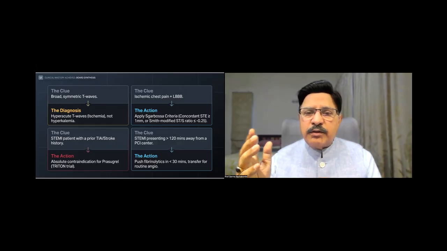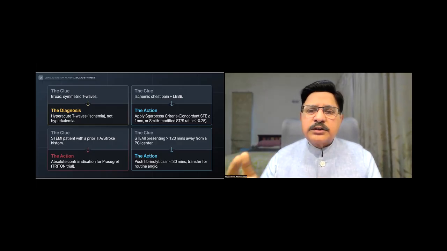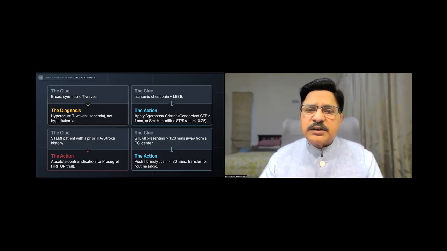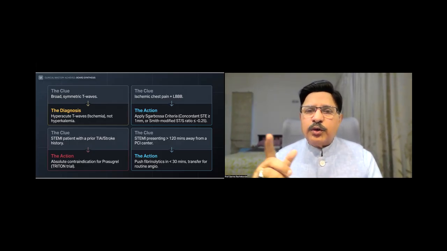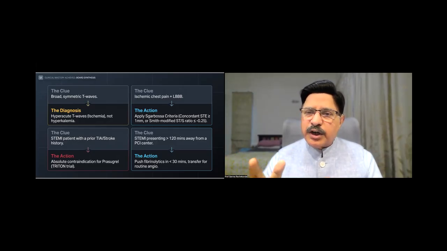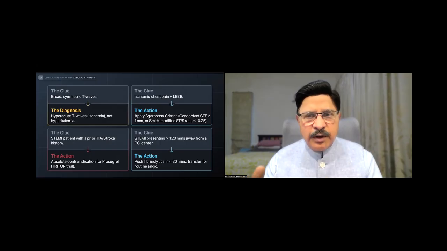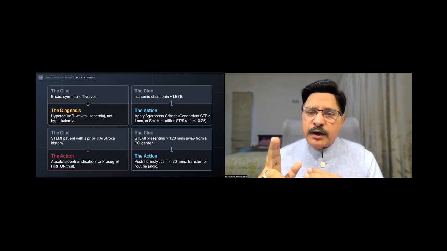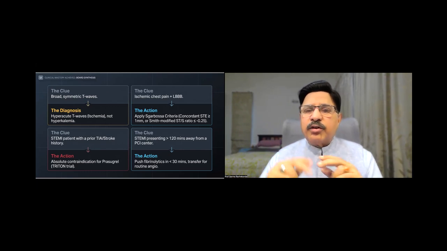Concordant ST elevation of 1 millimeter, or Smith's modified criteria, ST/S ratio less than 0.25. This you will see in the subsequent slides. So if you see an ischemic chest pain patient, no classical ST segment elevation, but he has got LBBB, don't discharge him, don't throw him away just because of bundle branch block. But you apply the Sgarbossa criteria or Smith's modified criteria and decide in favor of treatment.